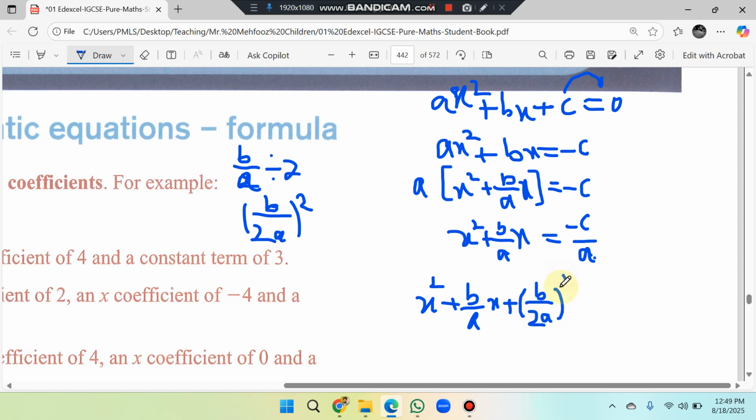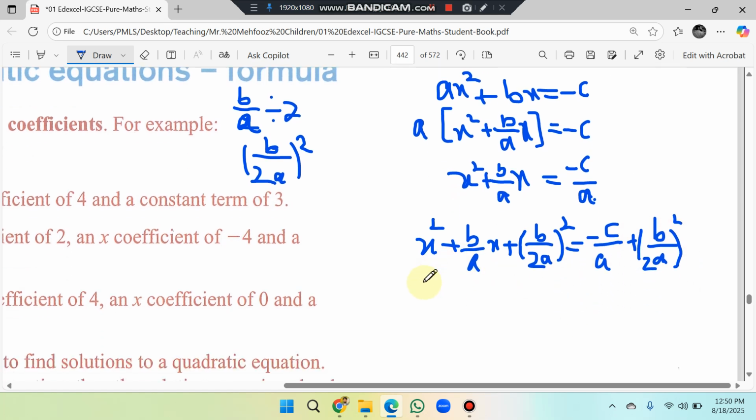So it will becomes this one, x square plus b over a x plus b over 2a whole square is equals to minus c over a plus b over 2a whole square. Do you have any problem? No. Okay.